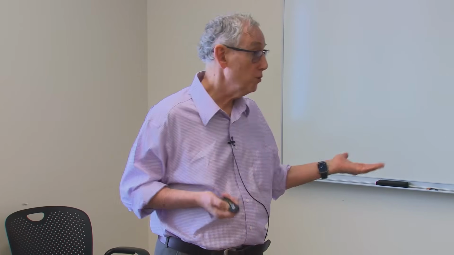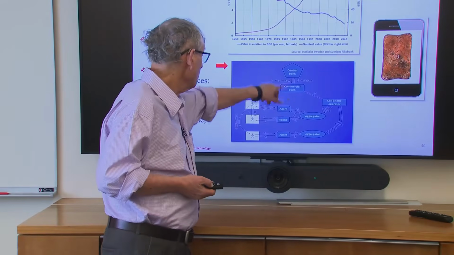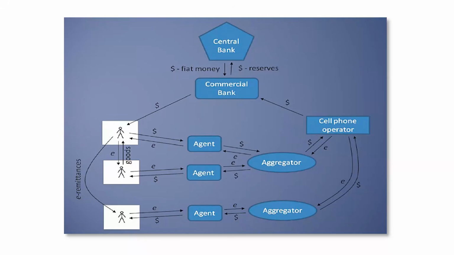So you can use the fiat money, Kenyan shillings, to buy an account, but then you can transfer your cell phone credits to somebody else. And that becomes an e-money. And this is a picture of how it works. Central bank fiat money denoted with dollars, so to speak. It's Kenyan shillings. It was a British colony.